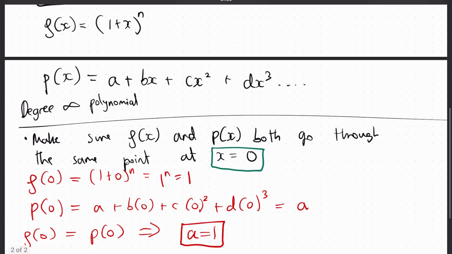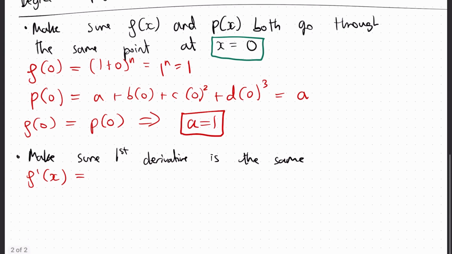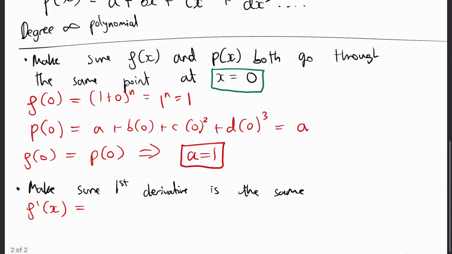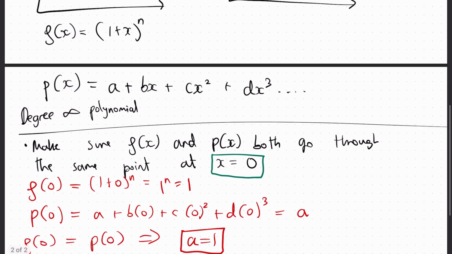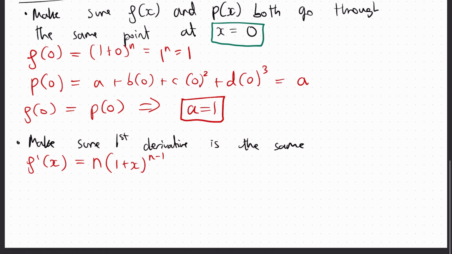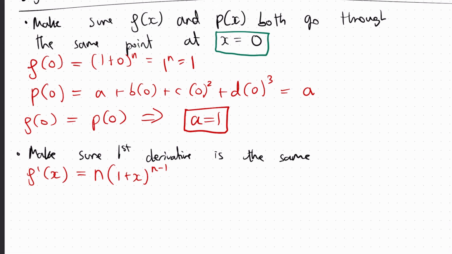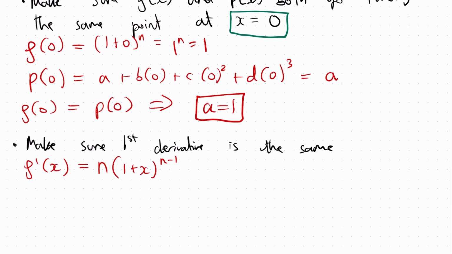So we can actually just say that the derivative of f of x is just going to be n multiplied by 1 plus x to the n minus 1, because remember, we have to subtract 1 from this. And that's going to now let us work out what f dash of 0 is.